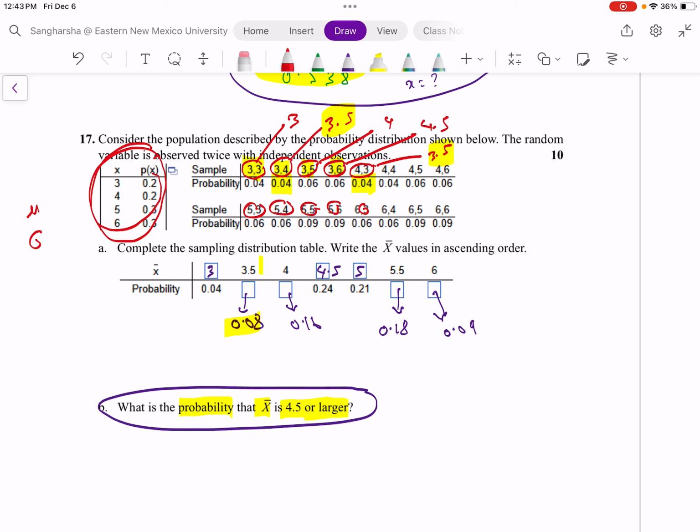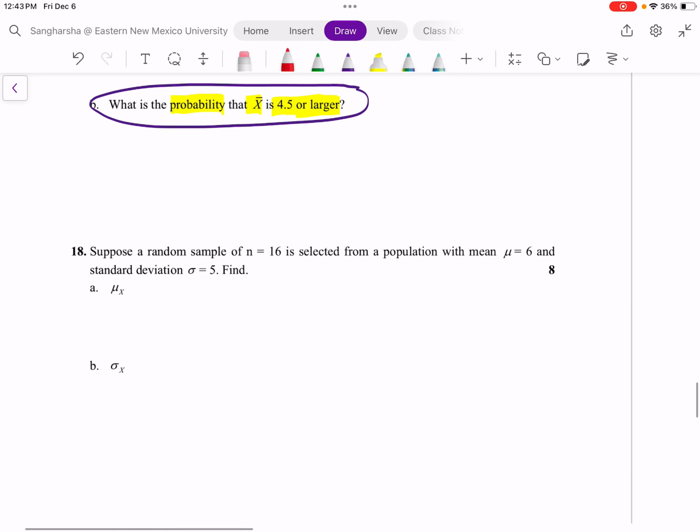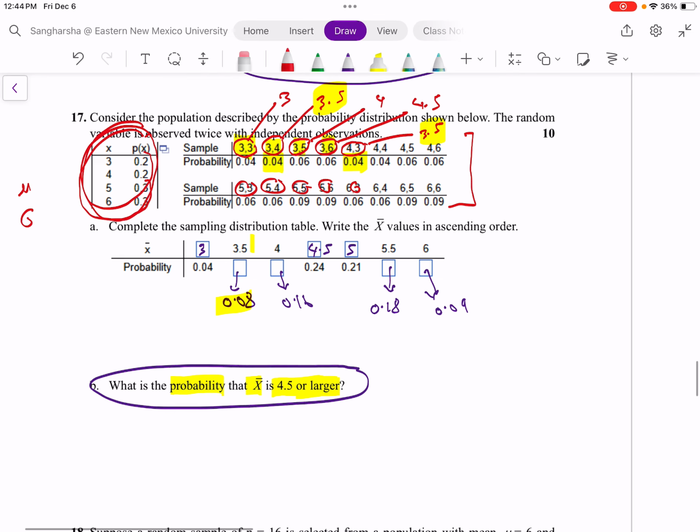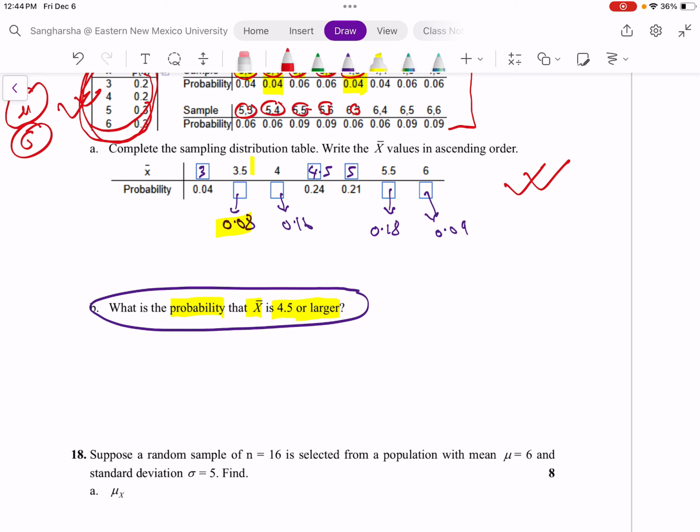Your x, this measurement, is of the population. This is your sample. Yes, you are right. In this example, there is no question where you have to use this table because I didn't ask you to find mu and sigma. But on your final, you will be given this table, and once you have this table, you should be able to find this probability.